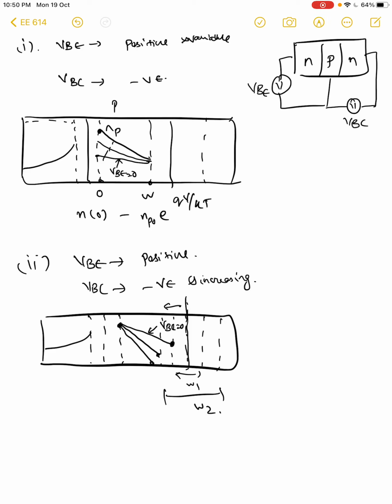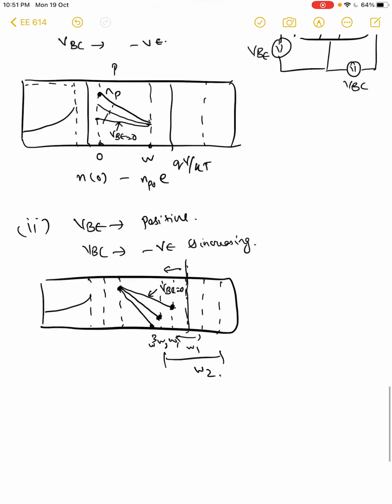As you increase the reverse bias, you reduce the minority carriers further. As you increase the depletion width, you actually reduce the minority carriers below the intrinsic minority carrier concentration. So the more you dip, the more it falls. So W1, W2, W3 are all increasing. This has to be remembered in our discussion. This is just to have a feel for what kind of depletion width we have at different bias potentials.